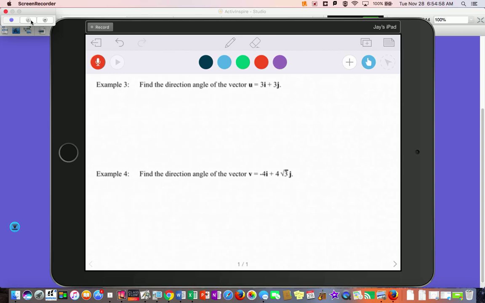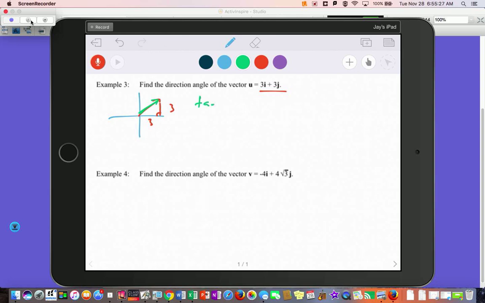All right, so number 3, to find the direction of this vector, I can just take it in its linear combination form and know that it's a vector that's going to the right 3 and up 3. So this is the vector right here.